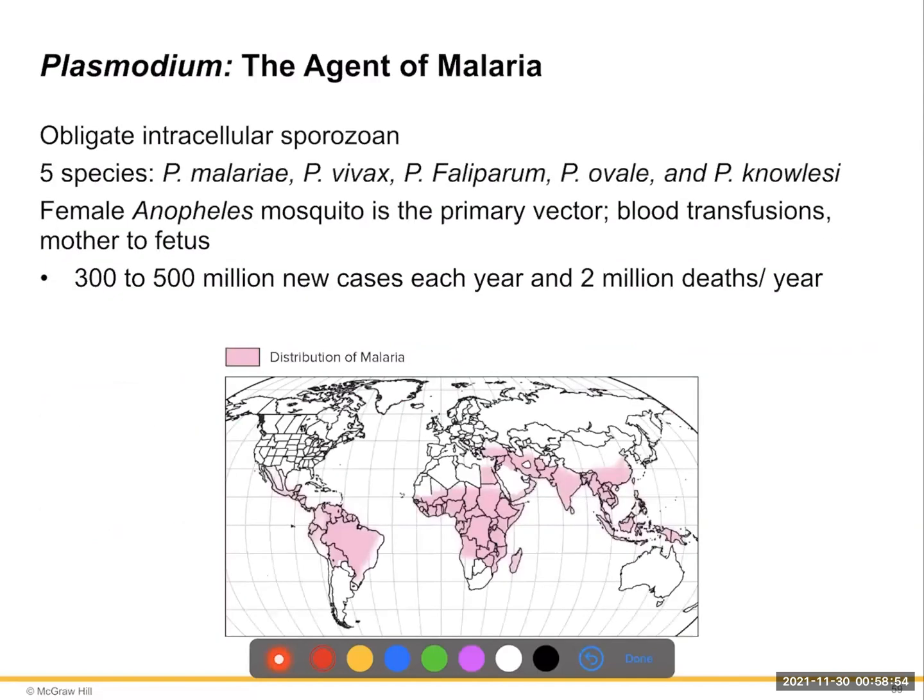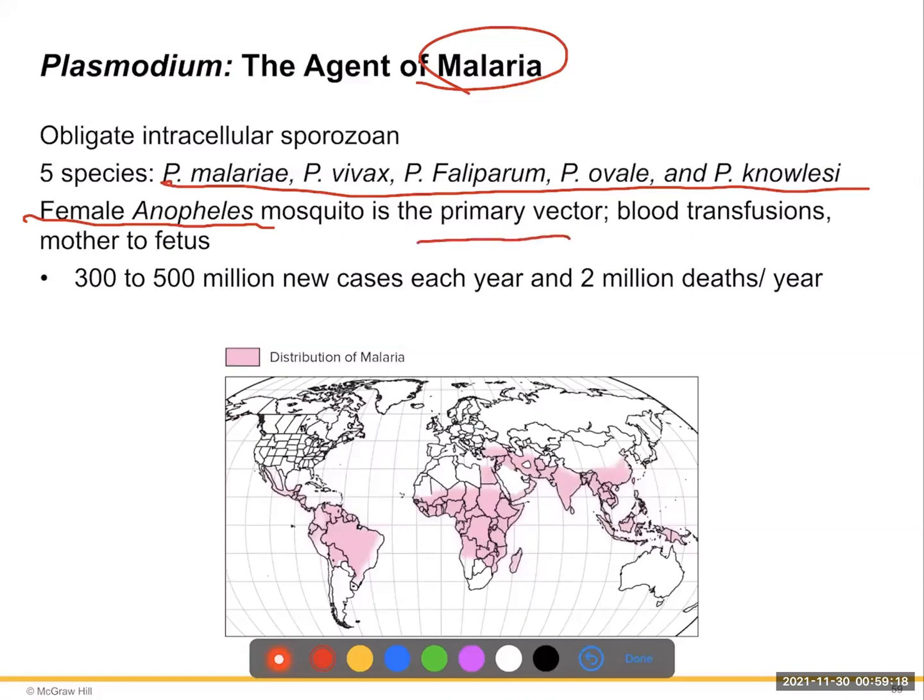Okay, the Plasmodium are the agents of malaria. Malaria is one of the very popular diseases. Affects a lot of people. Obligate intracellular sporozoan, and these are some of the different species that do cause malaria. The female Anopheles is a primary vector for malaria.